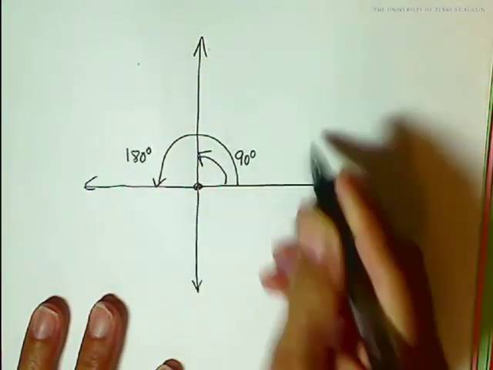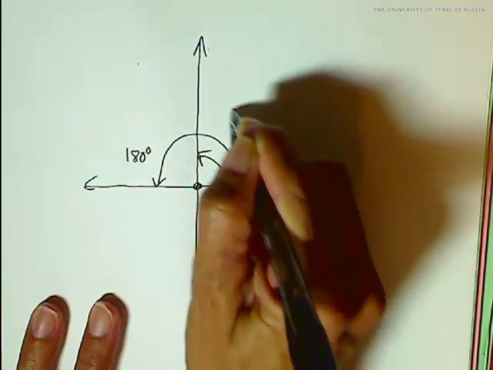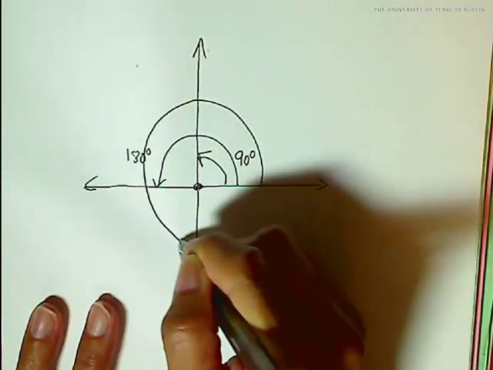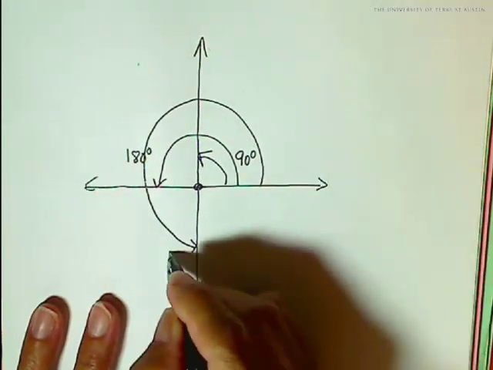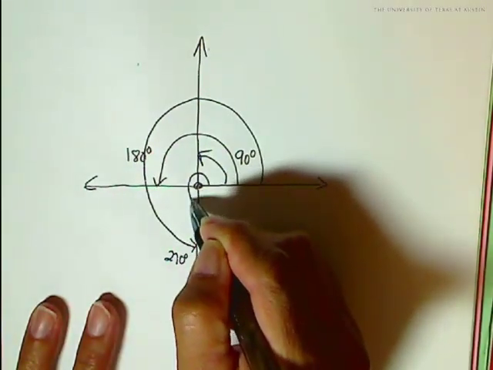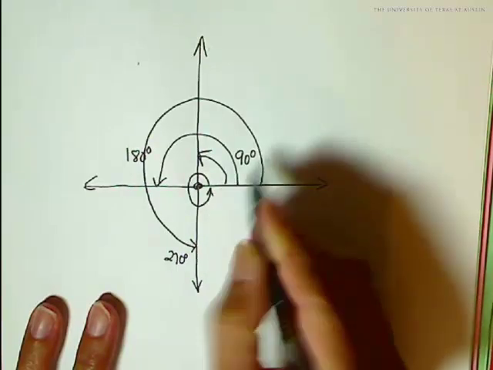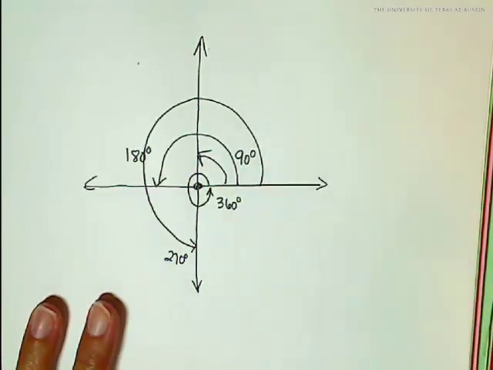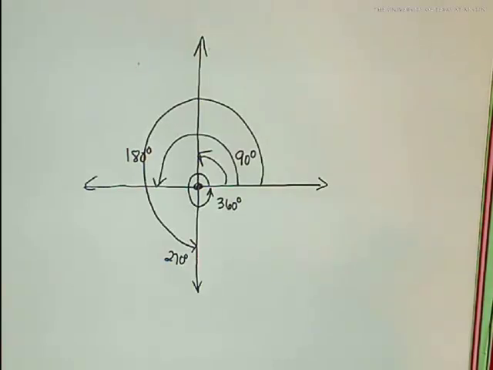If I make 3/4 of a turn around, so starting at the initial side and landing here, I've gone 270 degrees, and if I make a full rotation and come back to my initial side, I've gone 360 degrees. Okay?